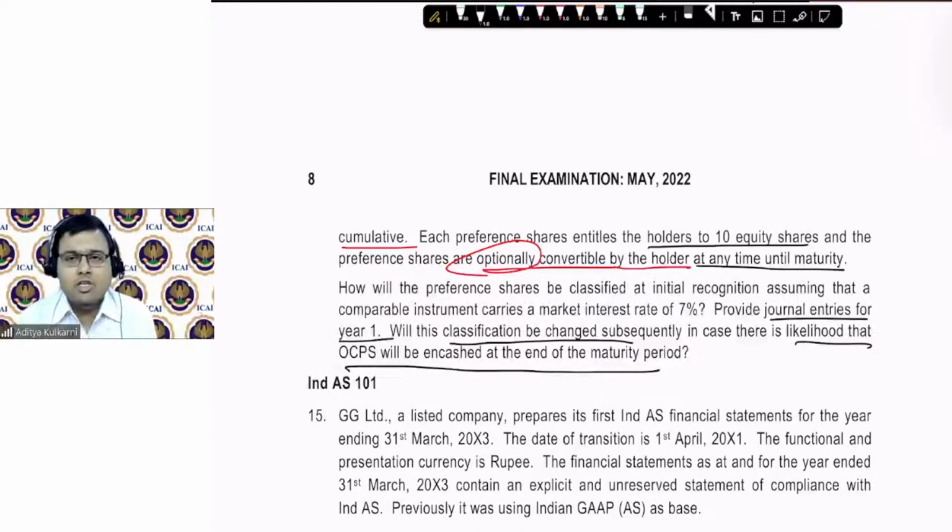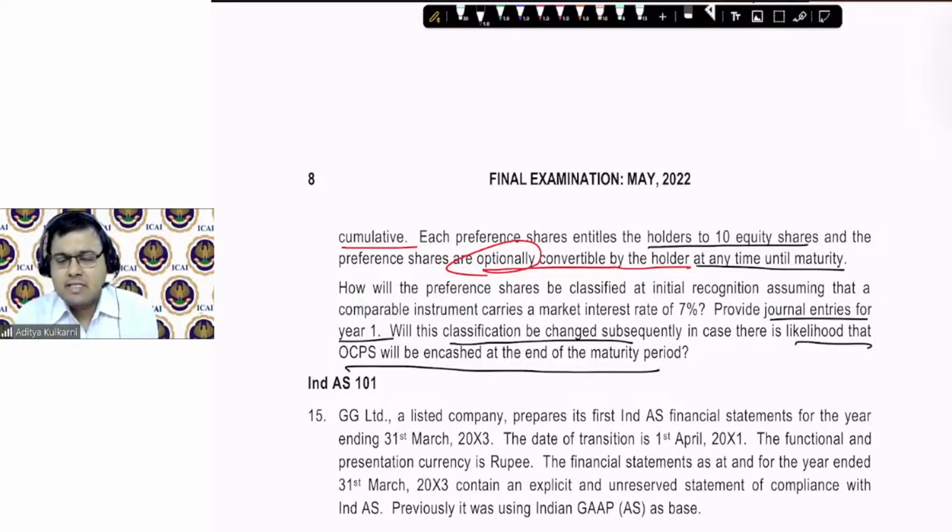Bas, that's it. Don't predict anything. The coupon rate will be the RBI rate on initial recognition. The market rate also is going to be the RBI rate on initial recognition. There is not going to be any prediction of the rate movements in the future, because that will not be correct.